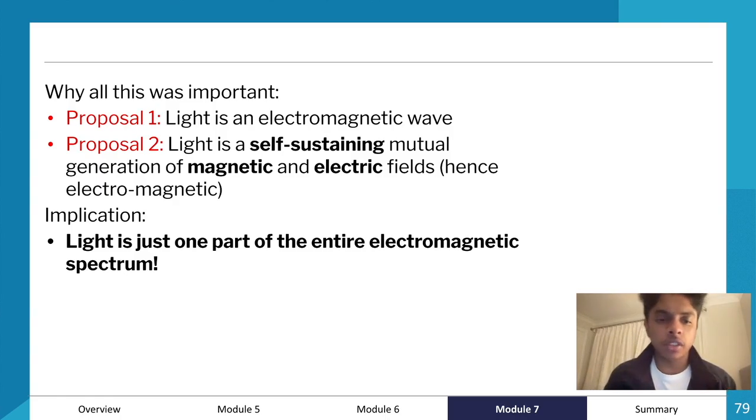So the implication of this is that light is just one part of the entire electromagnetic spectrum. We know now that the EM spectrum has X-rays, gamma rays, microwaves, infrared radiation, ultraviolet, and a whole bunch of things, right? But Maxwell's proposals led to this implication, that light is simply one part of the entire EM spectrum.